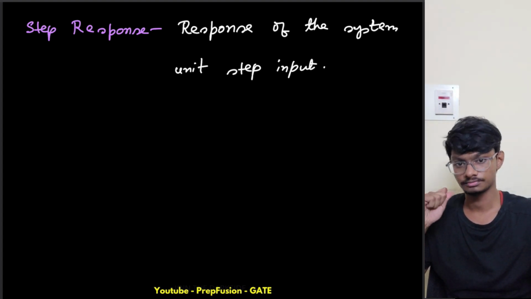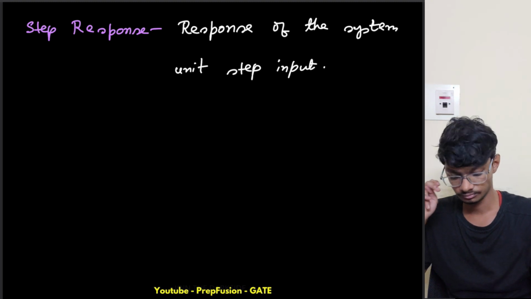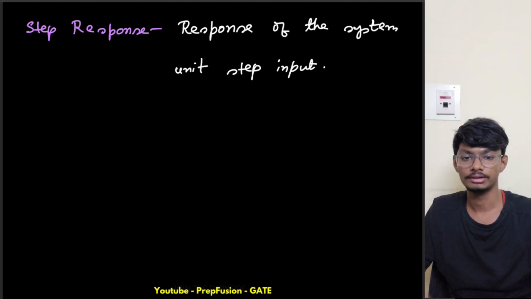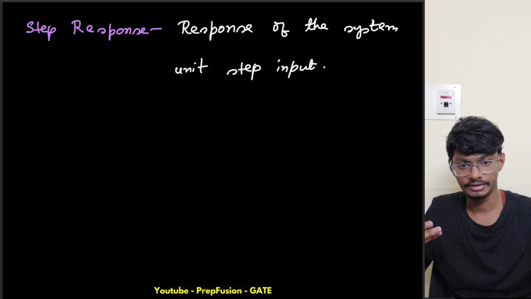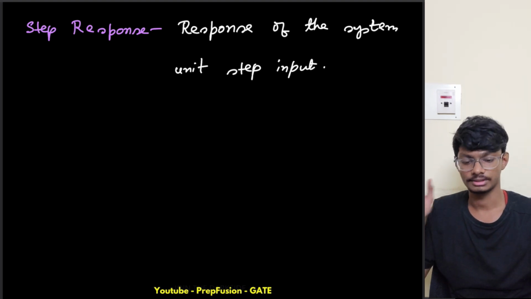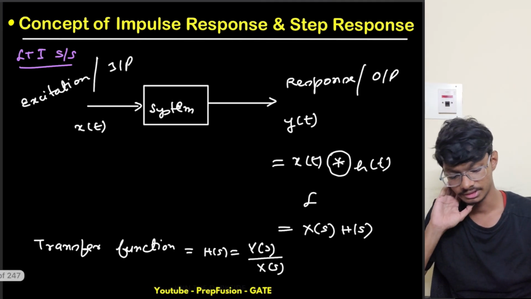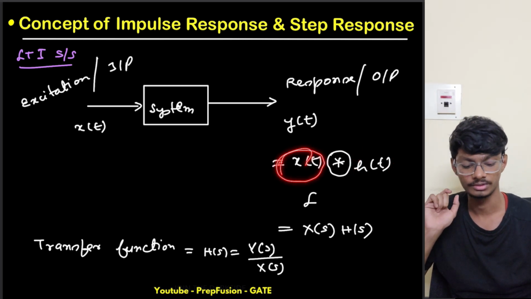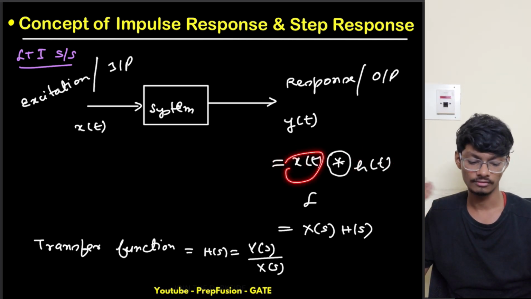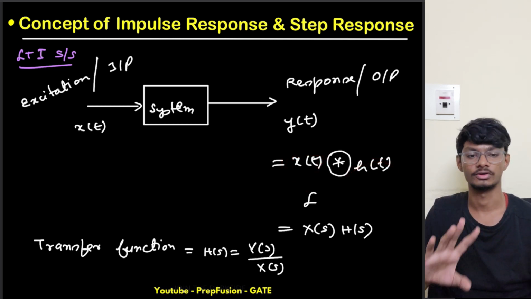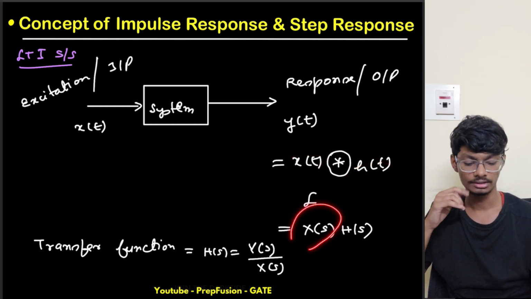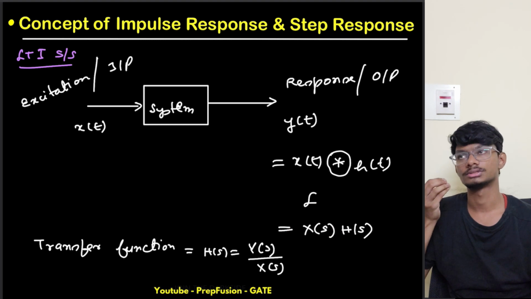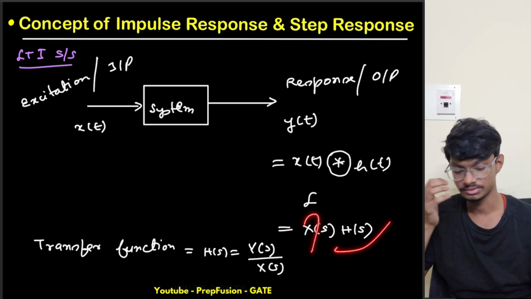Now what will happen? If I want to find the impulse response and the input is del of t, then the convolution of del of t with h of t becomes h of t only. Or in the Laplace domain, the Laplace transform of del of t is 1, so it becomes h of s only.